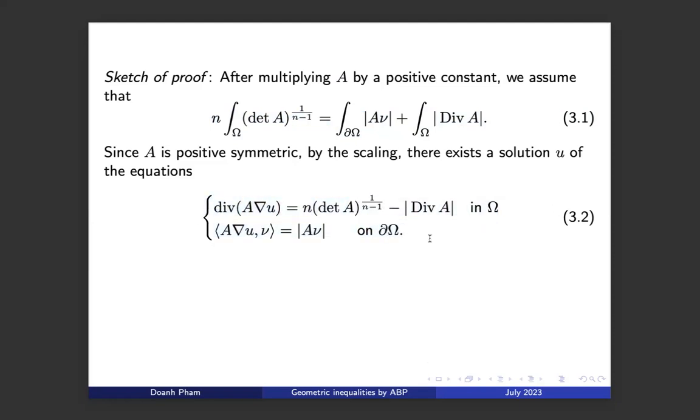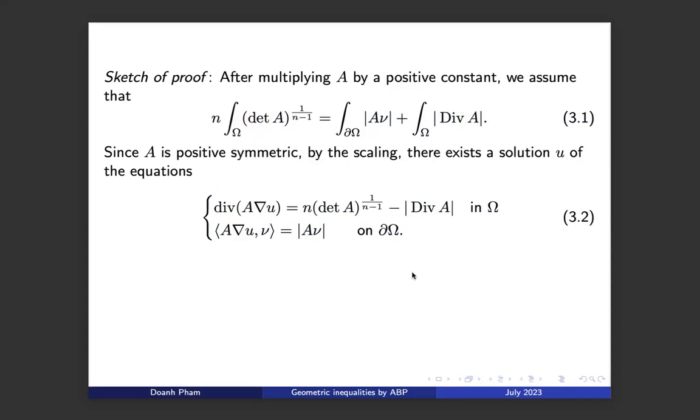Again, the existence of this solution is guaranteed by standard theory in elliptic PDE. Just like the remark in the proof by Cabre, if there's a solution to the equation, then you integrate over omega, and you will recover exactly the equation 3.1.